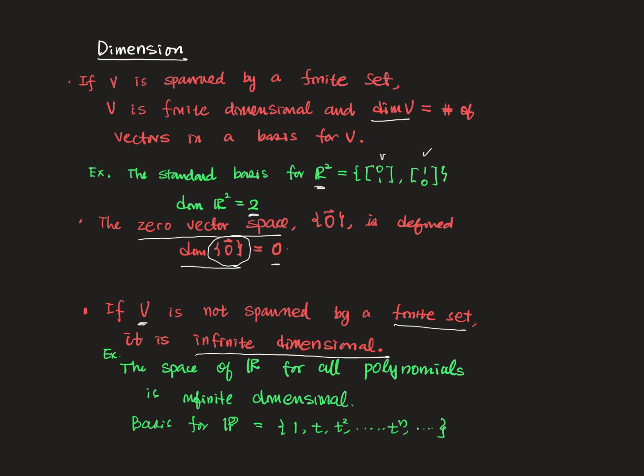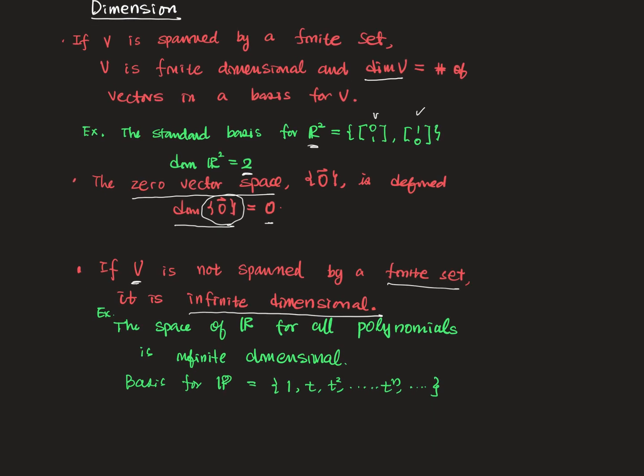A very good example of infinite dimension is P, the set of all polynomials with any degree. What is the base of this set? It's 1, t, t squared, t cubed, and t to the n plus 1. You keep going. So in that case the dimension of P is infinity.